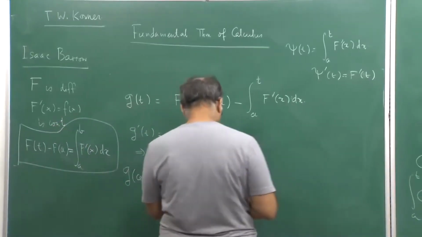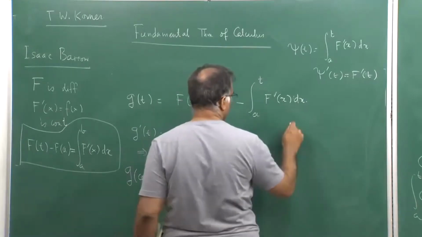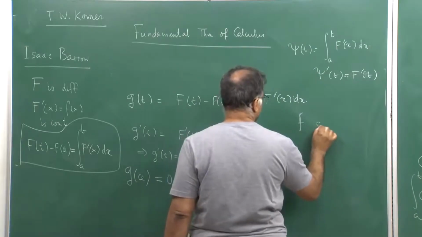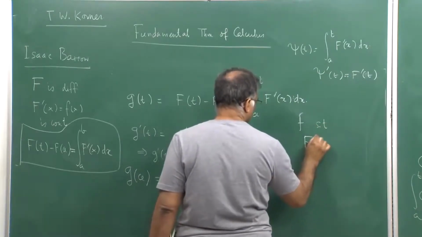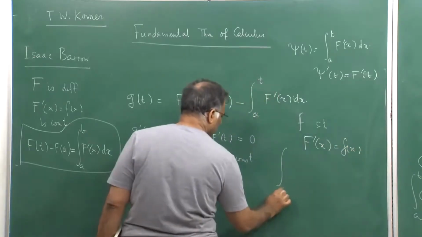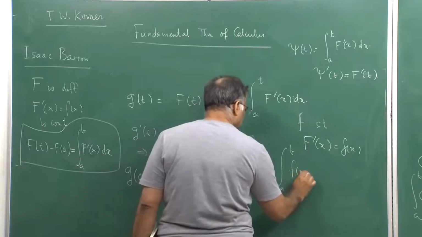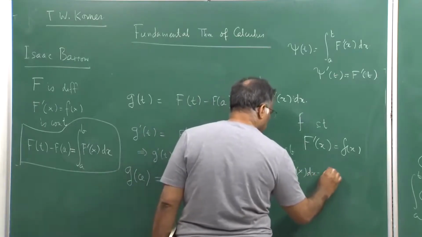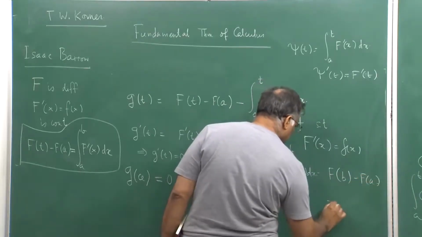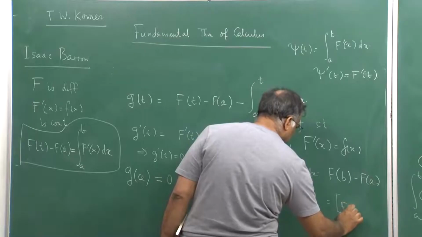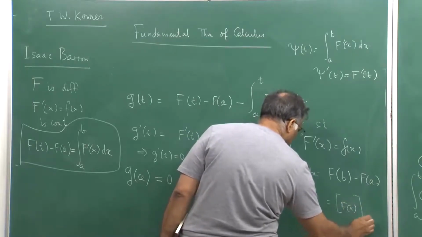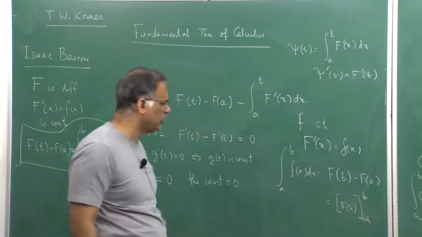So what is happening if you have a function F such that F dash of x is equal to f(x), then what do you write? Then integral a to b f(x) dx is equal to F(b) minus F(a). This is sometimes also written as F(x) from a to b in short.